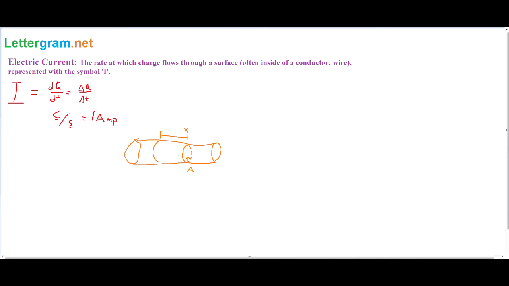So the convention is we find current in the direction of positive charge movement.